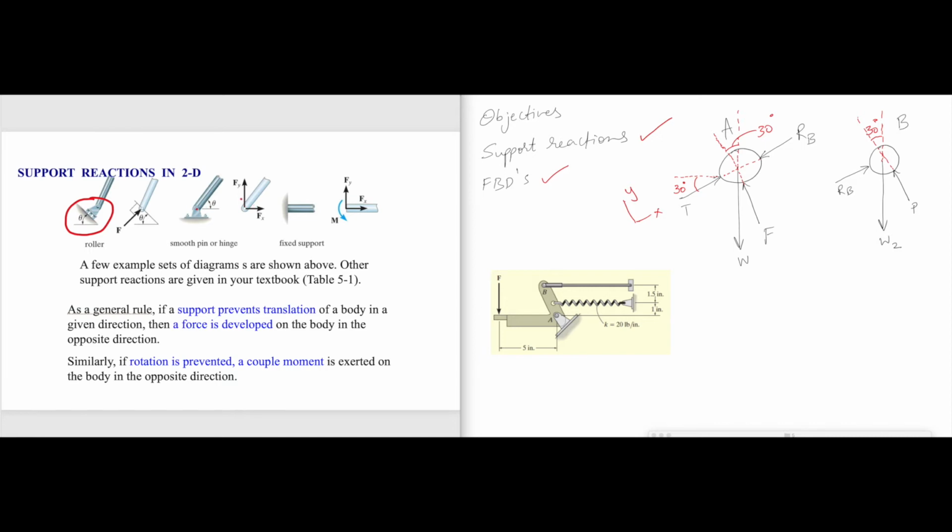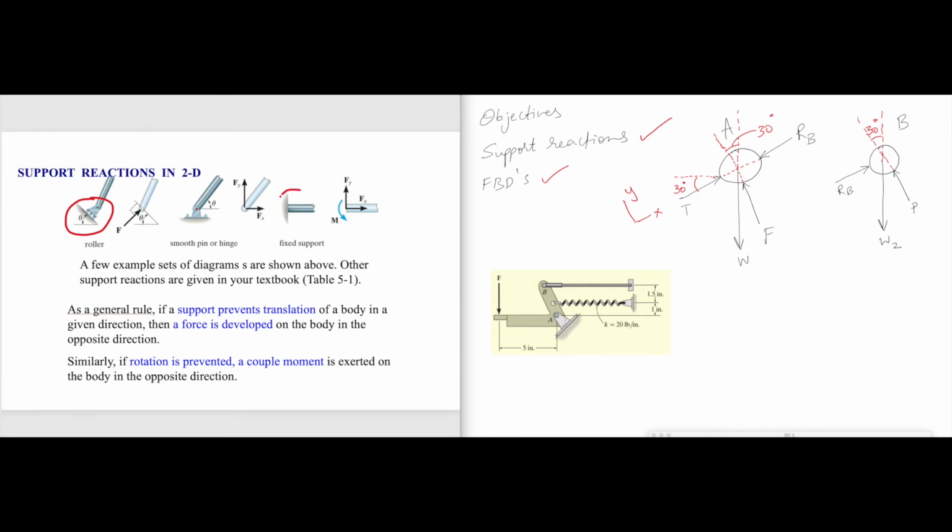So we give reaction forces when the support opposes certain motion along that axis. It is free to rotate, hence we don't have a moment reaction. It is not free to translate along x, so we have Fx. It is not free to translate along y, so we have Fy.